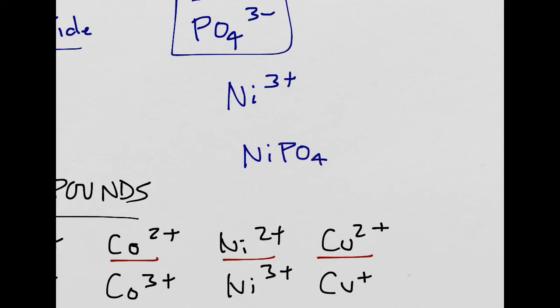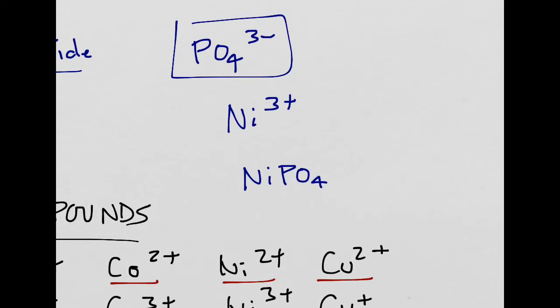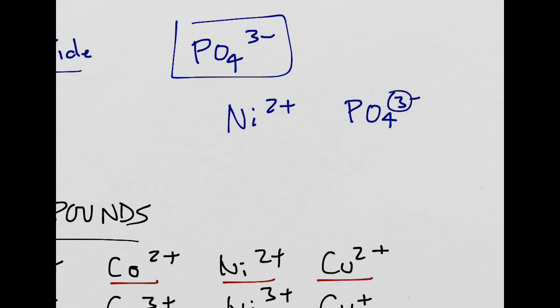Voila. However, if instead I decide that I'm going to use the nickel with the 2 plus charge, so this is going to be nickel(II) phosphate, I need to make sure that I do the crisscross here.